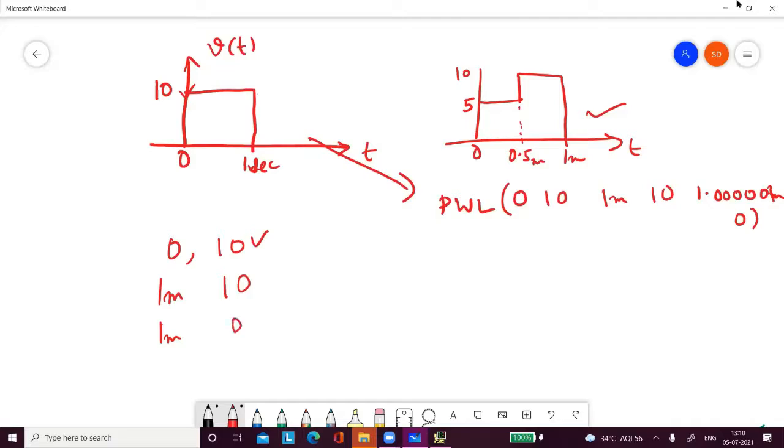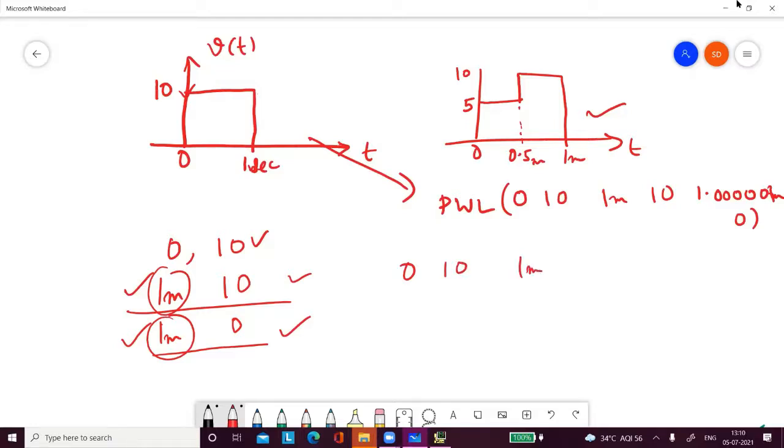If you write 0 there, it means at a single time you have two different values, so SPICE will be confused. To avoid that confusion, I write 0 10, 1 milli 10, and 1.0000001 millisecond 0. Now we have two different values of time, so it is possible.